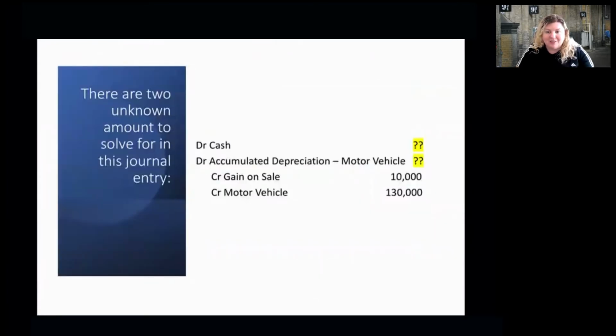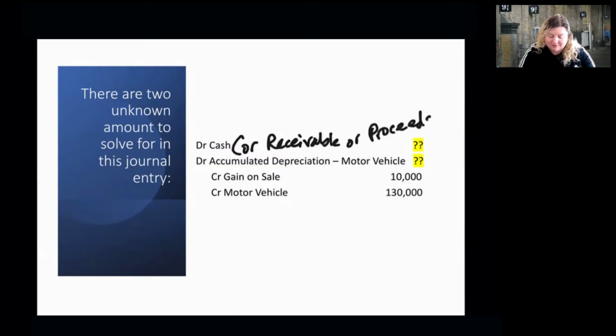In order to account for this, we need to do a journal entry. For depreciable non-current assets, we debit cash, or it could be a receivable, or some other proceeds. That's unknown.